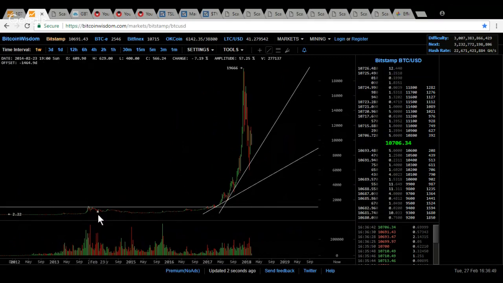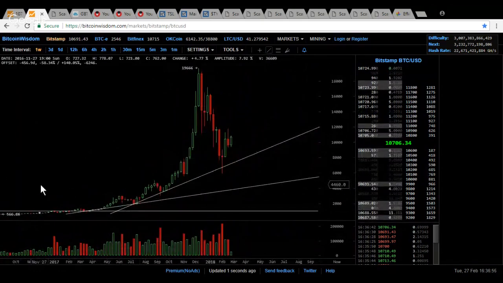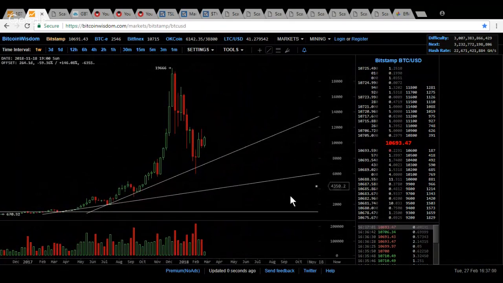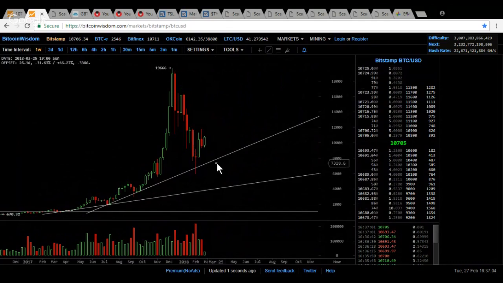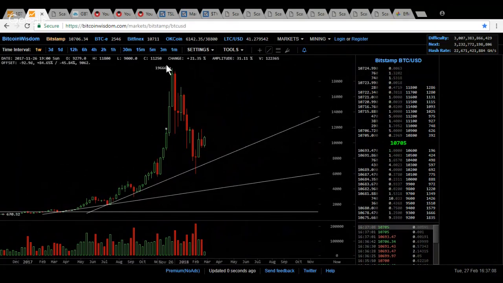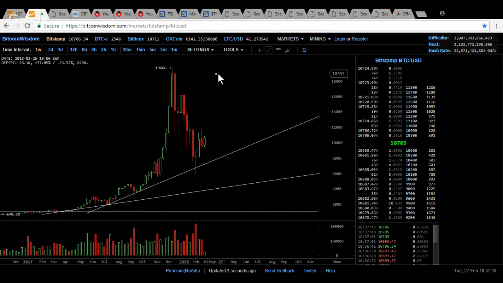Just imagine for a second if what we're looking at here is simply the movement of either a phase 2 or a phase 3 that is going to hold, and the price is going to go back up and negate any analysis of a phase 4, 5, 6, and 7 if we can get above 19,666.